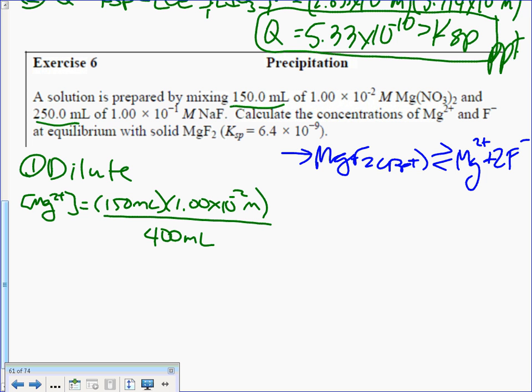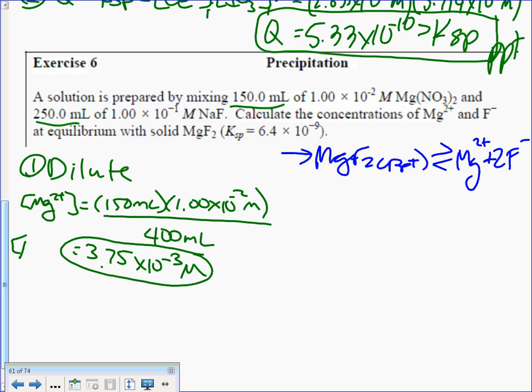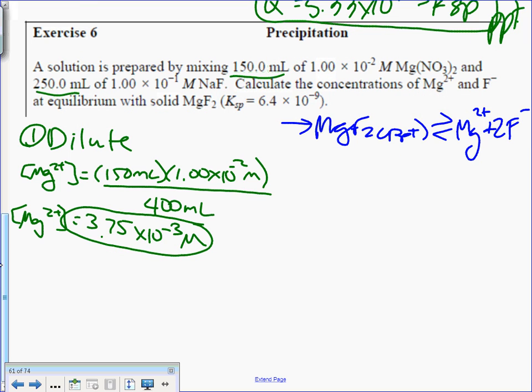So magnesium's initial concentration will be 3.75 times 10 to the negative third molar. And I know it's a lot of writing, but it's really good to label what you're talking about because you'll forget what each of these regard whenever you get down to your math part.